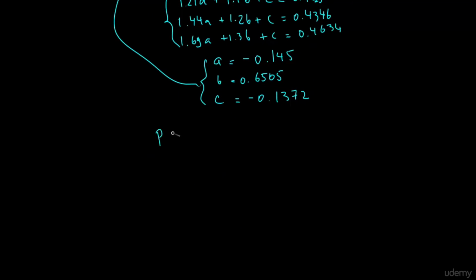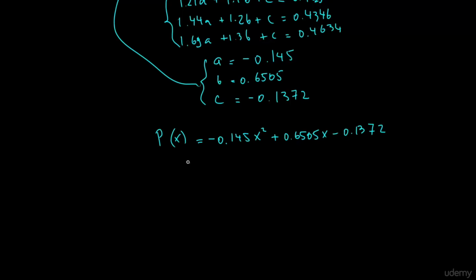We can plug these values a, b, and c into the polynomial, and what we get is the following. The polynomial p of x is equal to minus 0.145x squared plus 0.6505x minus 0.1372.